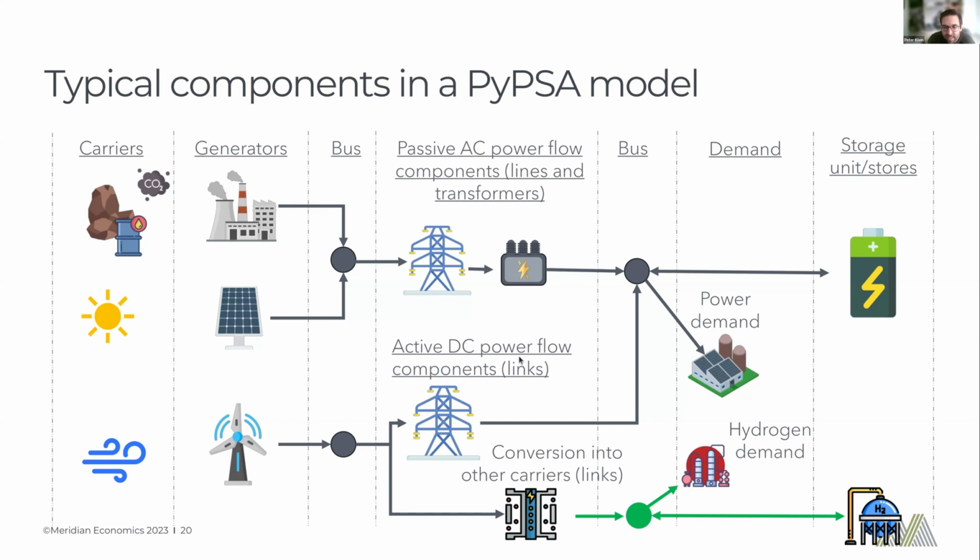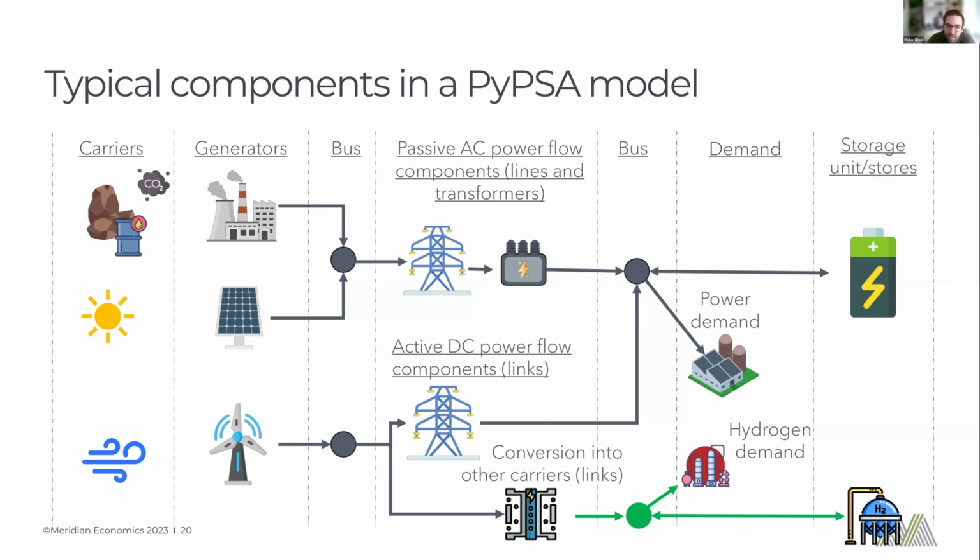So you have something called a link. A link can be used purely within the electricity sector, connecting one bus to another bus. But a link can also represent a conversion into a different energy carrier. As I said earlier, PyPSA can be used for more sector-coupled models, where you can have not only your power sector, but also a connection, for example, to a hydrogen network.